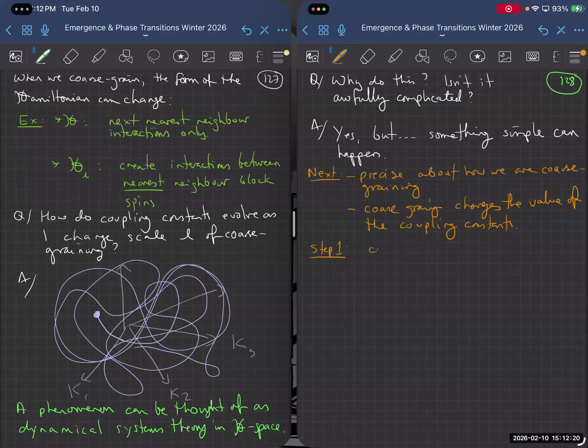You coarse grain by an amount L. Okay, that's the first step. Now I've done your Kadanoff block spin construction. Then you say, well, that was so much fun. Let's suppose we've done that calculation. Let's do it again.